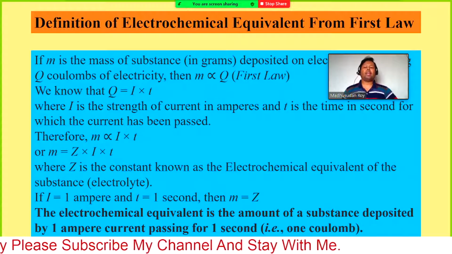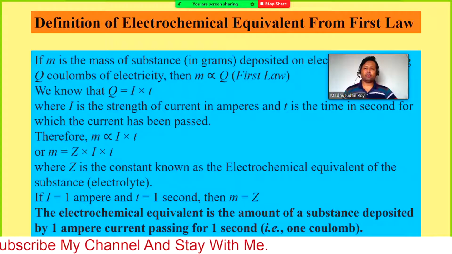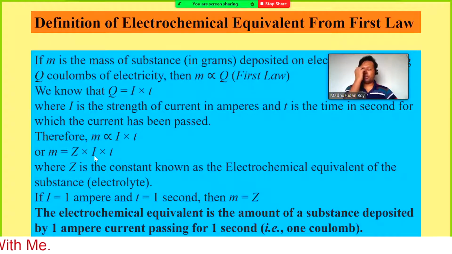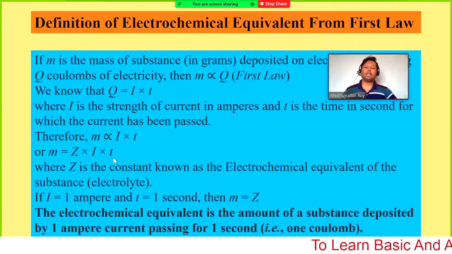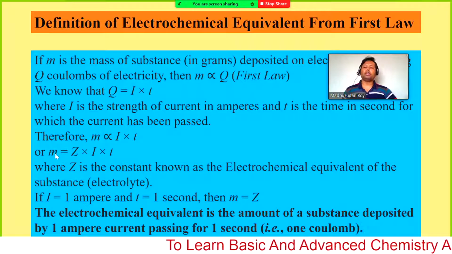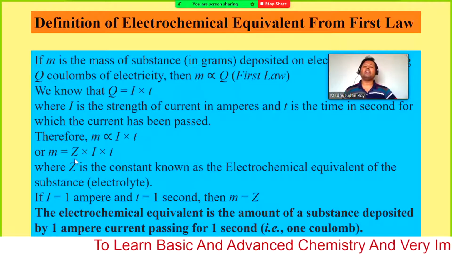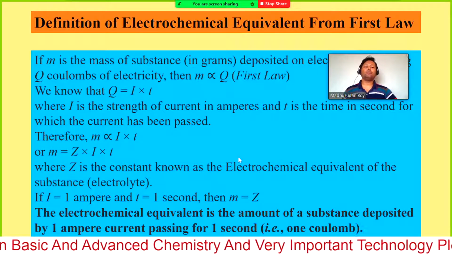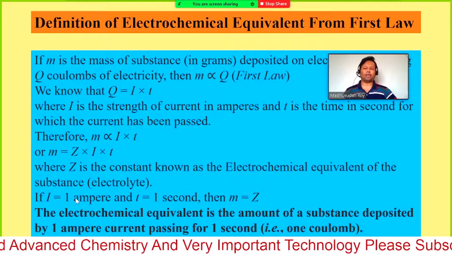If you supply 1 ampere, from this equation you can see easily, if you supply 1 ampere of current or 1 ampere of electricity for 1 second, then how much amount of substance will be deposited at the electrode is considered as the electrochemical equivalent for that component or electrolyte.